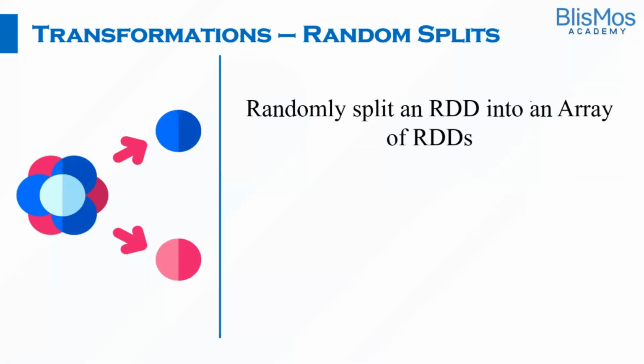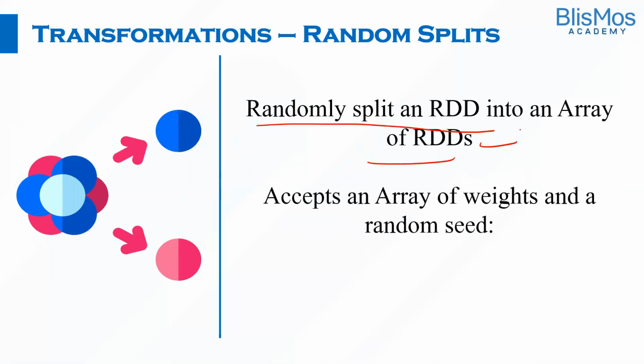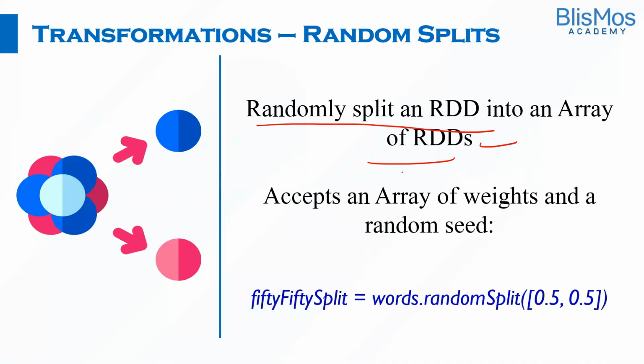One of the last transformations available, which we will discuss as part of this lecture, is randomSplit. We can also randomly split an RDD into an array of RDDs. How do you do that? Very simple. Use a randomSplit transformation here.